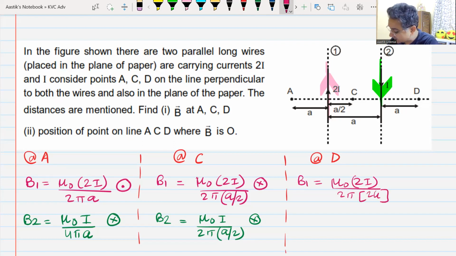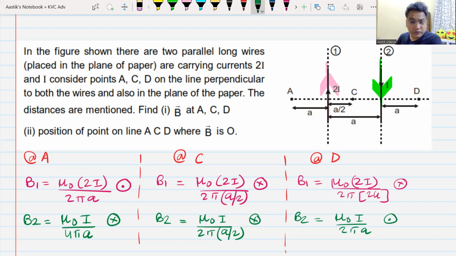And the direction is inside. Yes, sir. B2 will be mu naught I by 2 pi a, sir, and the direction is outside. Both these fields are equal and opposite. Therefore, the magnetic field is going to be zero at point D. Do we understand this? Yes, sir.